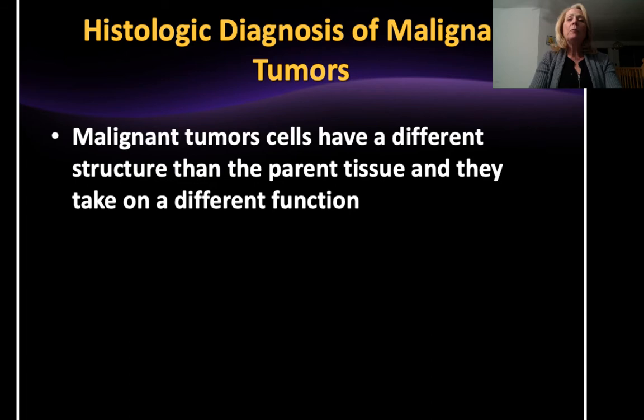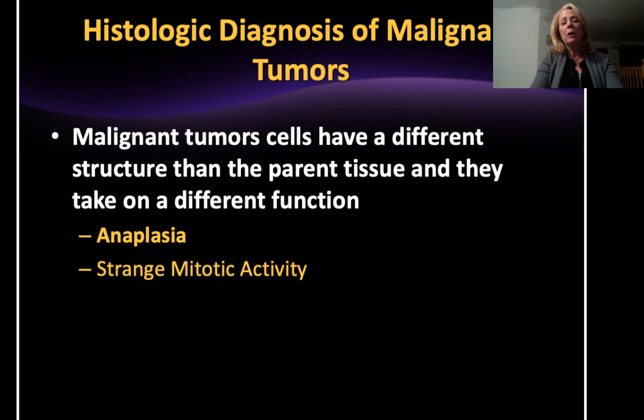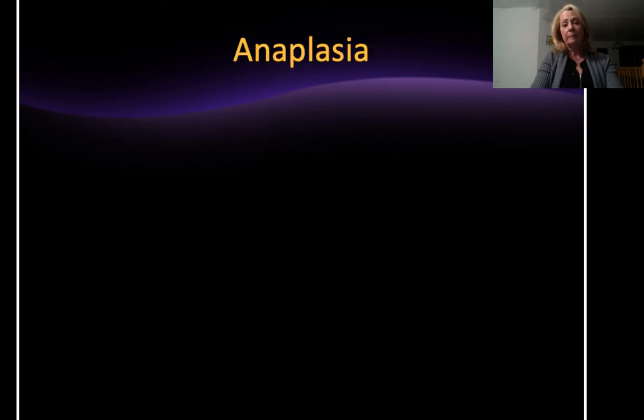So malignant tumor cells have a different structure than the parent tissue, okay? And they take on a different function. And now we can have anaplasia, strange mitotic activity, invasion, and metastases.